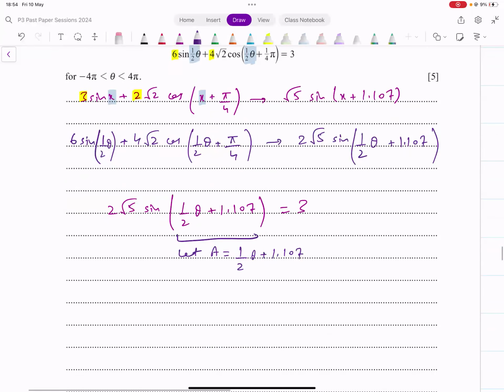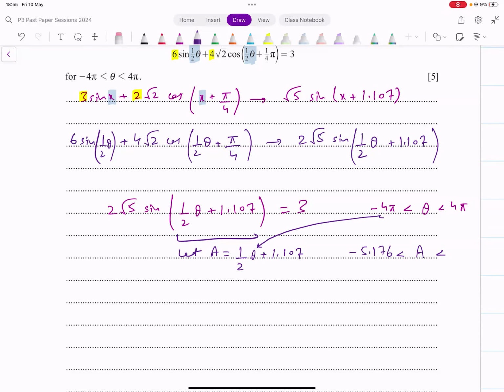Now, the interval that they've given for theta is from minus 4 pi to 4 pi. What is the interval for A going to be? In place of theta, let's input minus 4 pi first: minus 4 pi divided by 2, plus 1.107, and that gives me minus 5.176.